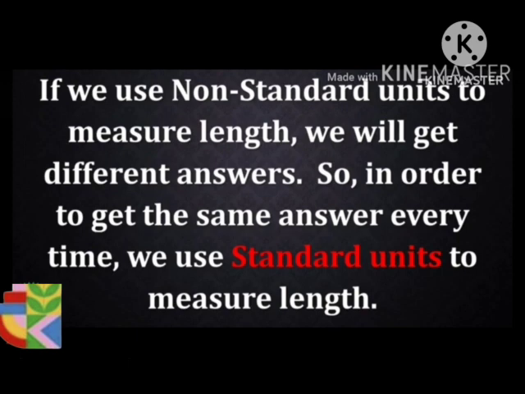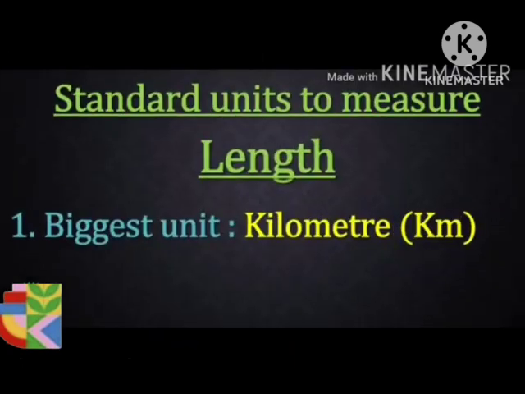So in order to get the same answer every time, we use standard units to measure length. Now children, standard units were made so that we can get accurate answers when we measure different things. First of all, we will learn what is the biggest unit of length.